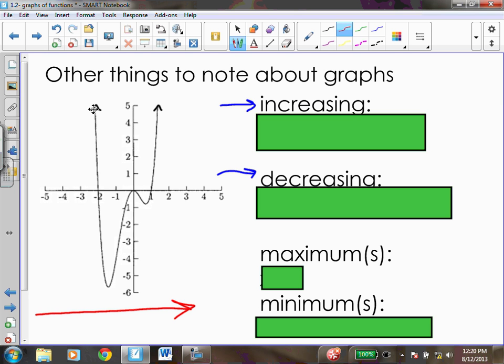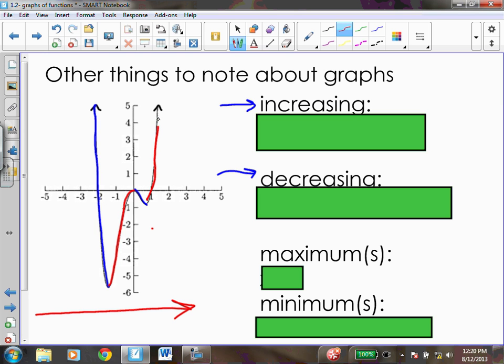So starting here, if I'm going from left to right, the graph is going down, even though this arrow is technically going up. So I'm going to mark that in blue because the graph is going down. And then it turns around and starts to go back up. And then it turns around again and goes back down.